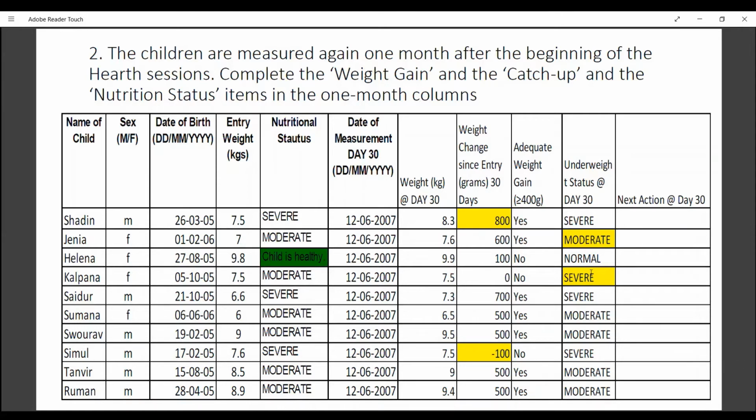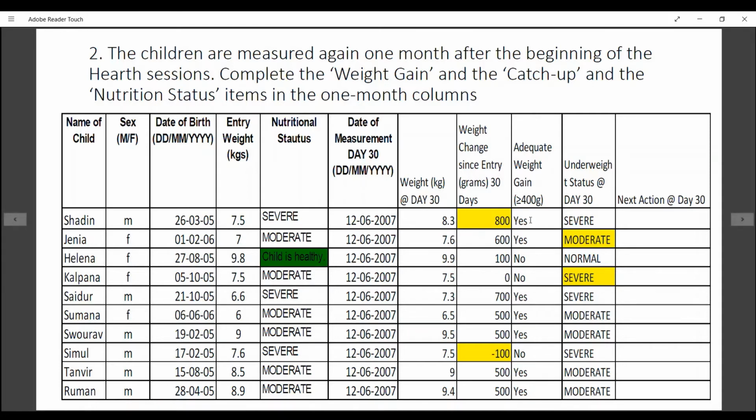So this should be simple to you right now, and you should have used the WHO weight for height reference tables to calculate the nutrition status. But you can also use the Excel spreadsheet or online dataset.